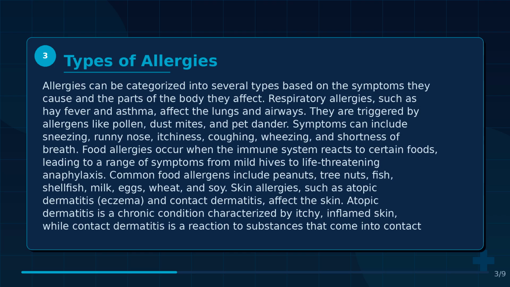Insect sting allergies are severe reactions to the venom from certain insects, like bees, wasps, and fire ants. These reactions can range from localized swelling to anaphylaxis. Drug allergies are adverse reactions to medications, which can manifest in various ways, from mild rashes to anaphylaxis. Understanding the specific type of allergy is crucial for managing symptoms and preventing severe reactions.